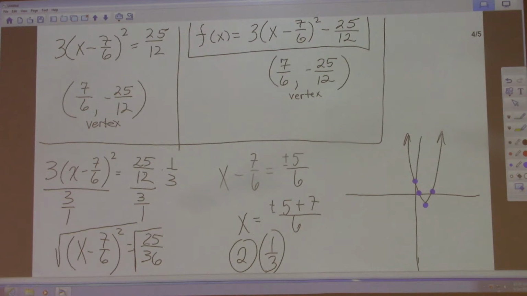Now do this one right here. And then see if it looks like ours. Yeah, it does. Go to second function, y is equal, and turn it off.